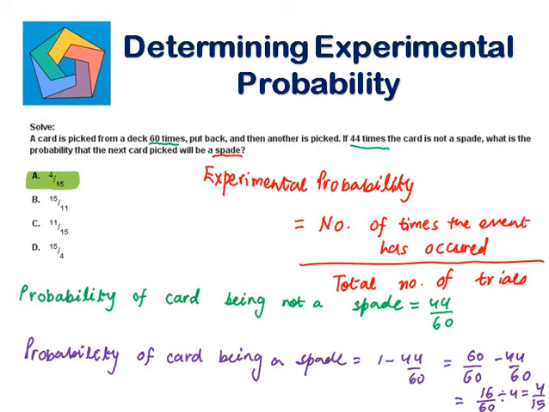Next problem. Solve. A spinner is spun 30 times and does not land in the red area 24 times. What would be the probability we would expect for the next spin to land in the red? Again, let's calculate the probability of first not landing in the red area.